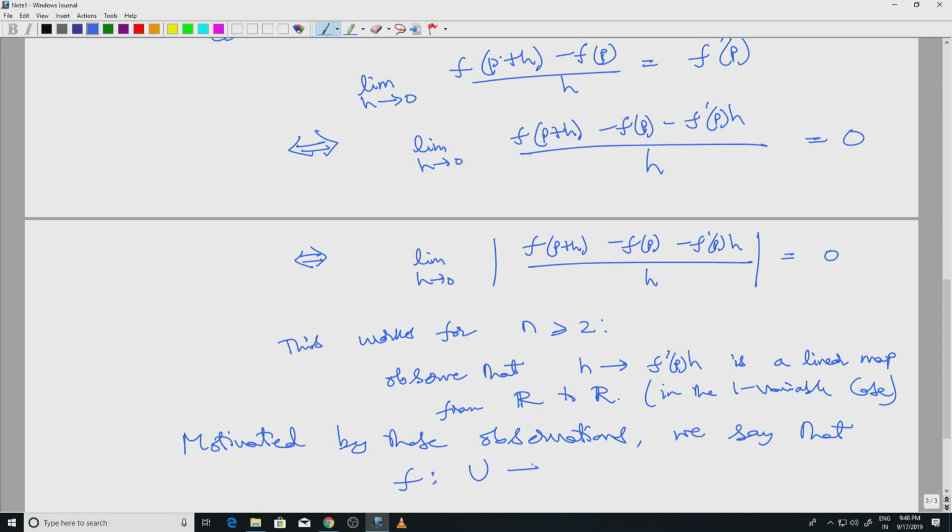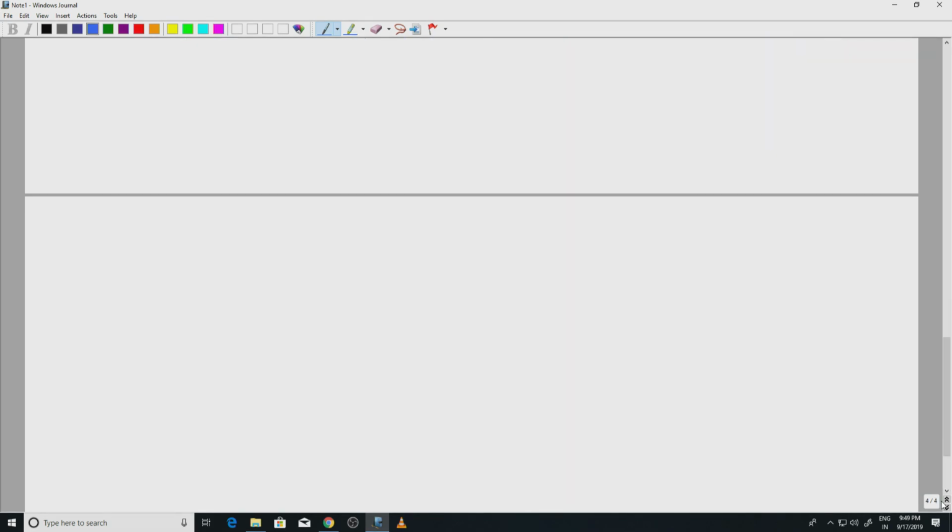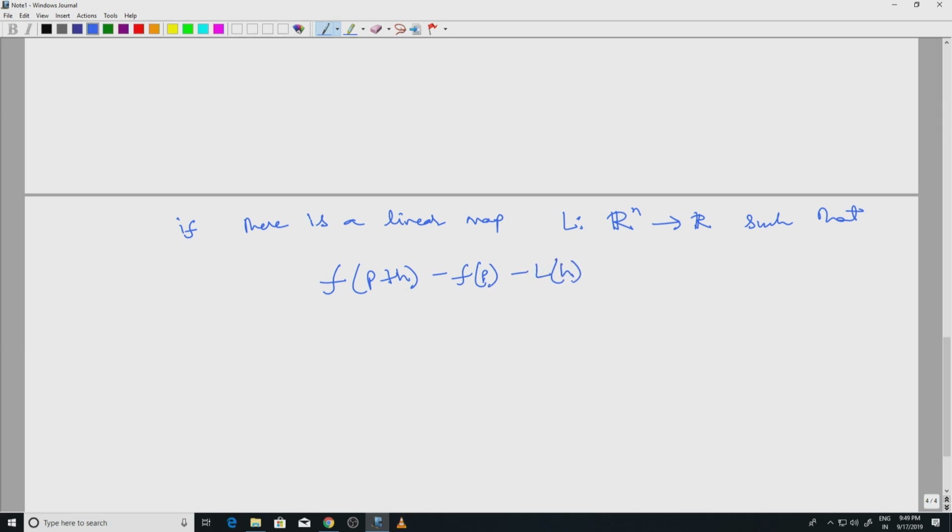We say that f from U to R is differentiable at p if there is a linear map L from R^n to R such that the limit as h goes to 0 of the absolute value of f(p+h) - f(p) - L(h), divided by the norm of h, is equal to 0.